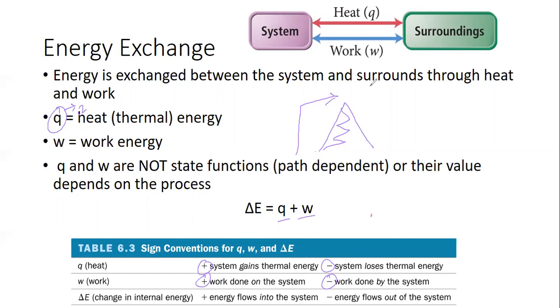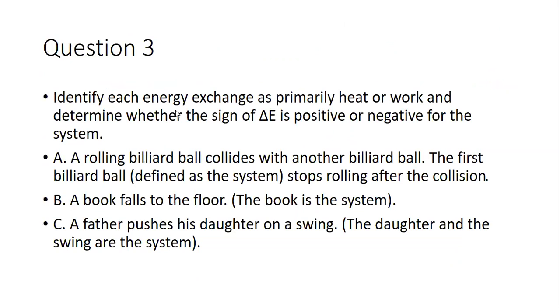Now we'll jump right into some math surrounding this. All right, so our first question, I believe I actually have a poll for this one. We're going to look at some scenarios and determine if we're exchanging energy via heat or via work, and then determine if delta E is positive or negative.